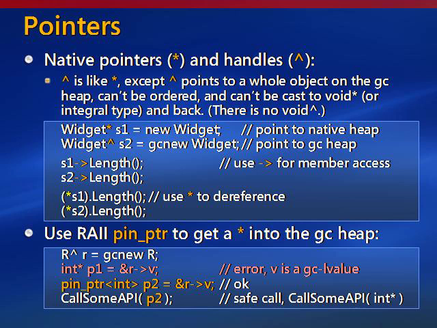And the other thing that we've introduced is something called a handle. And this is the caret. What it means is I'm referring to an object on the garbage collected heap. And that object, it is not my responsibility to clean it up or clean up the memory. And a hat has a number of restrictions that help you enforce that and make sure that you use it correctly and safely.